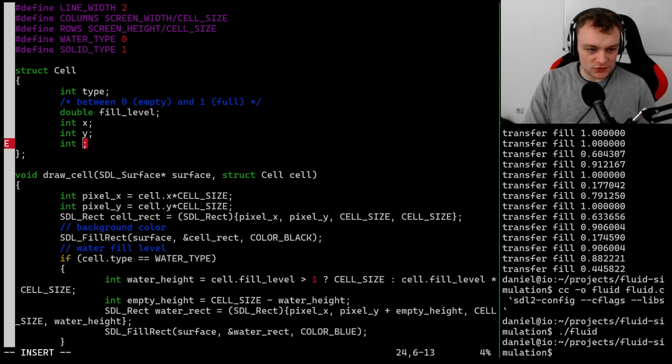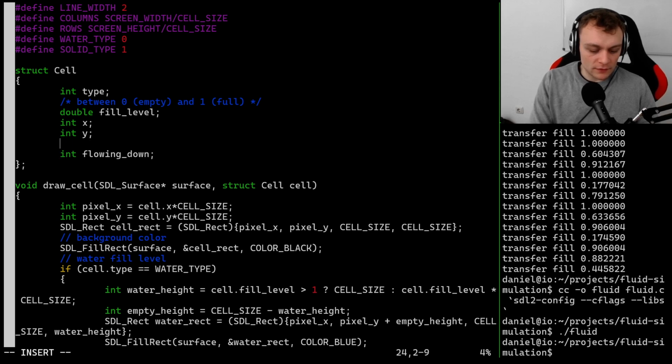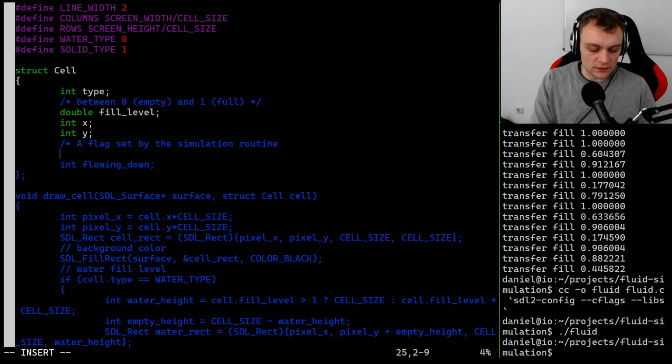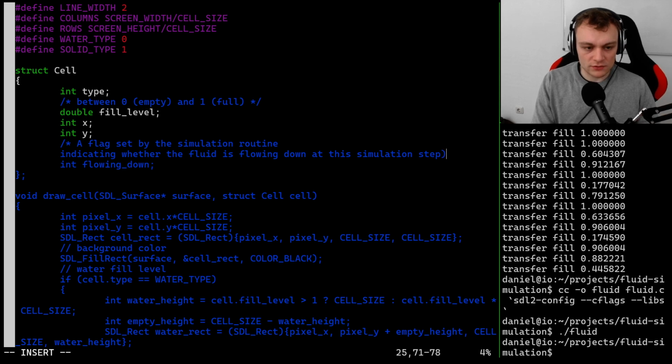So let's introduce flowing down. A flag set by the simulation routine indicating whether the fluid is flowing down at this time, at this simulation step.